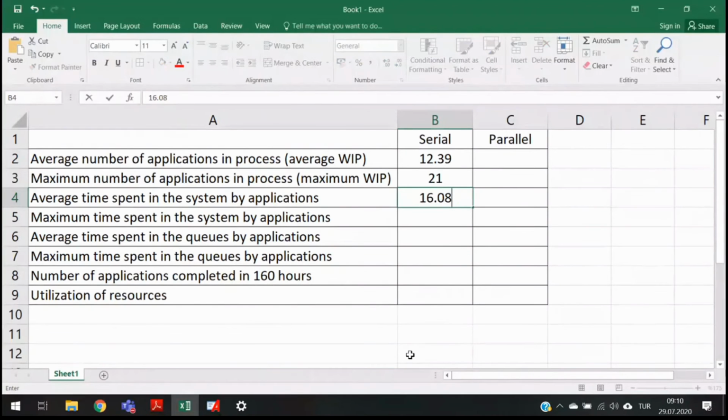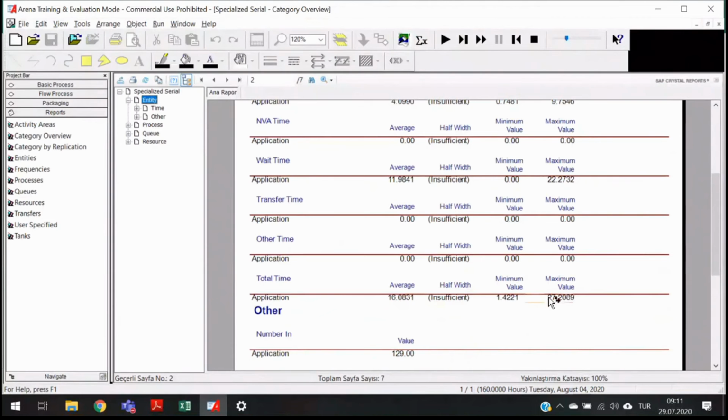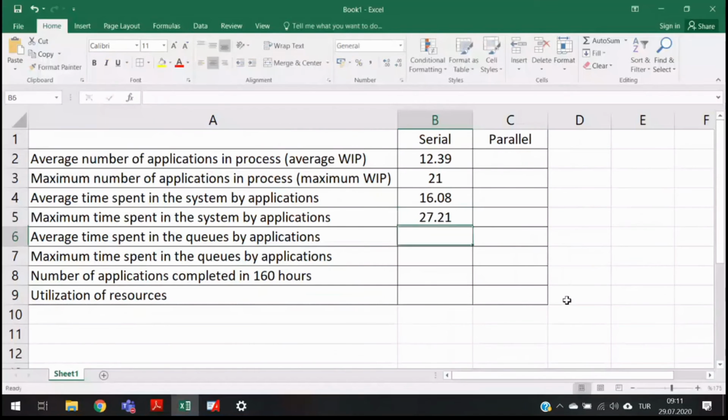I mean, even if the average process times are 4 hours, because you are waiting so long in the queues, the average time spent in the system by each application is 16 hours. What is the maximum time spent in the system by any client in the simulation? The maximum value is observed as 27.21. So the longest waiting client has spent 27 hours in the system, okay?